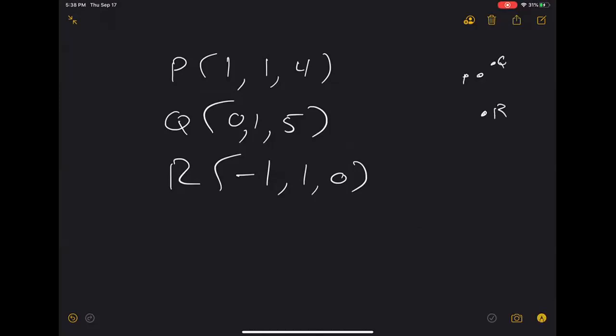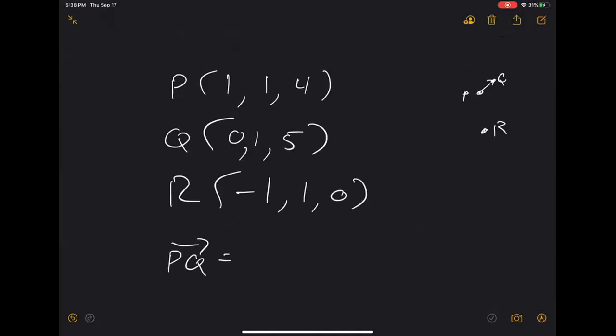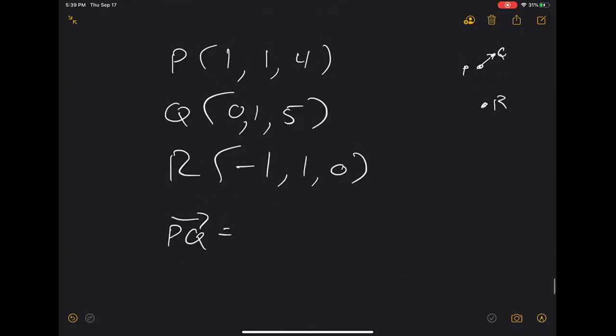So how can we do this? We need to find a normal vector, right? So that's our first step. Let's first determine what the vector PQ is. How do I find the vector PQ? I take the components of Q and subtract away the coordinates of P. So that'd be 0 minus 1, so -1.